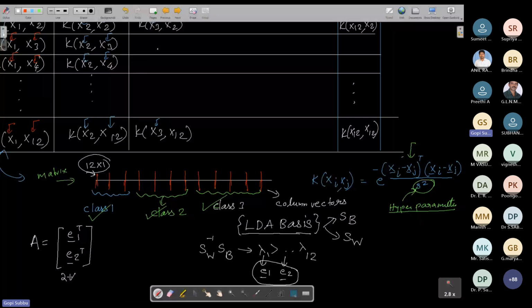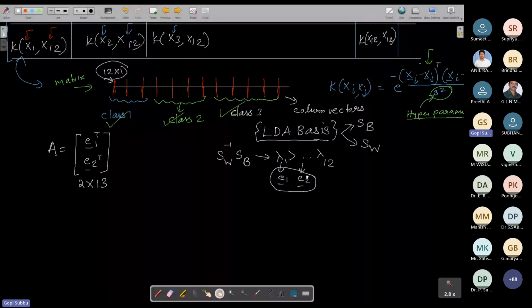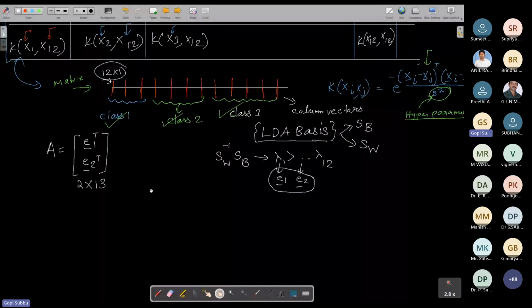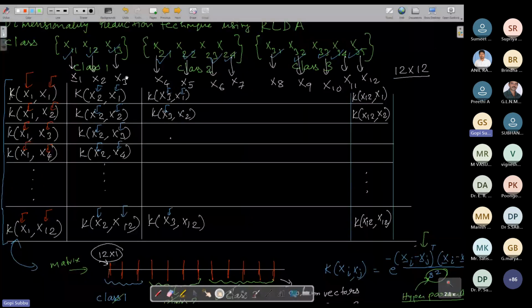Okay, fine. Now your transformation matrix is ready, which is 2 cross 13. We can actually map the vector to the lower dimension, which is 2D, from the higher dimension. But the original vector, the raw vector, this x11, which is your data, right? So this size is not actually 13 or 12.